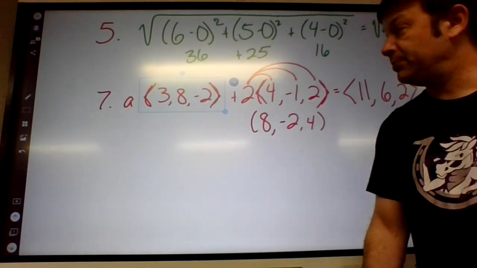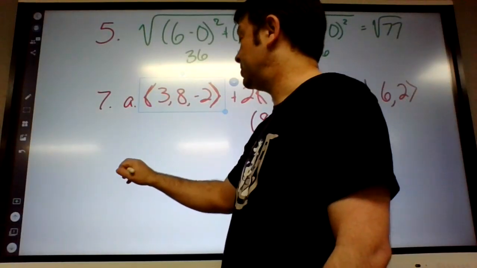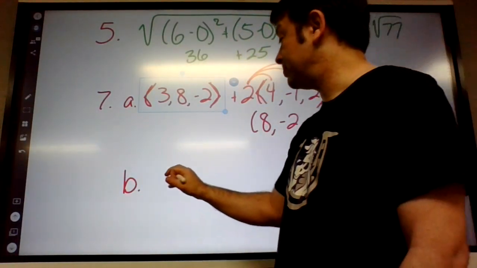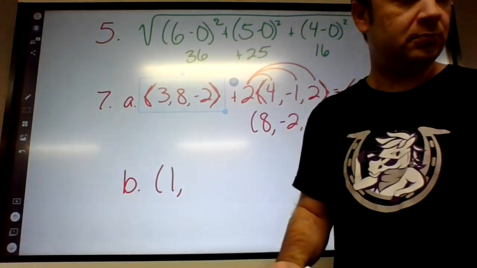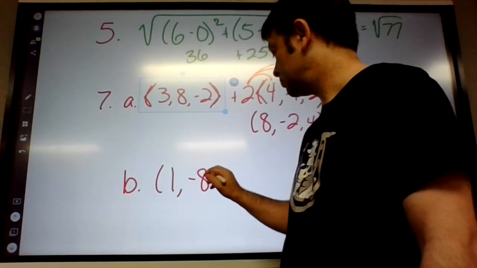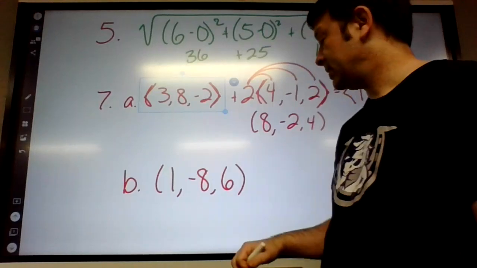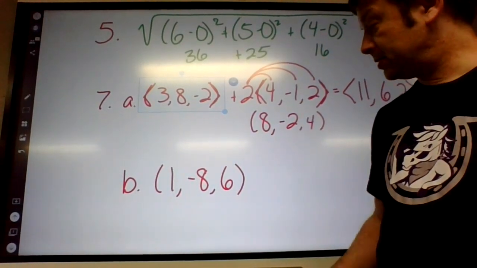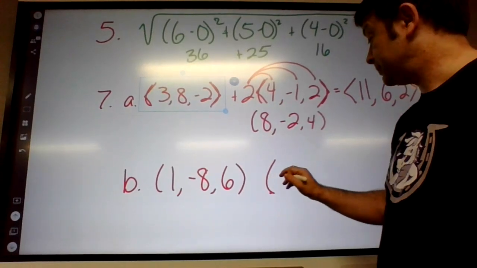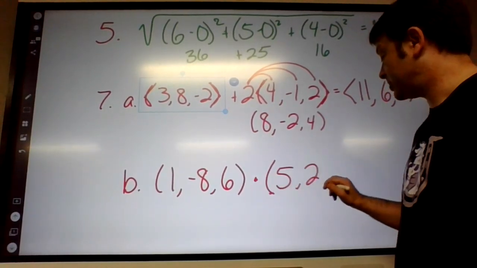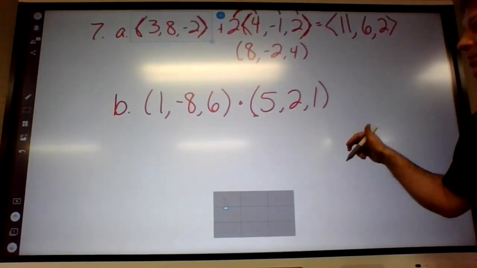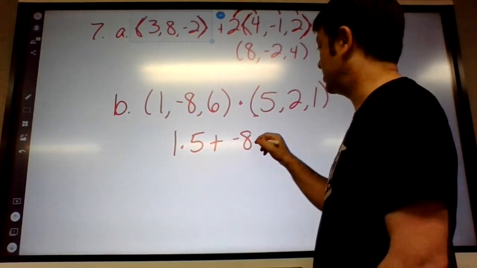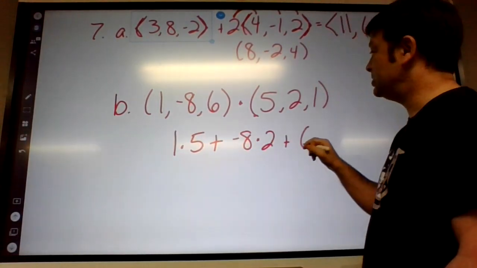Easy peasy. B, this goes back to yesterday. They put like a dot, like a times symbol in between. What does that mean? You multiply the x's, y's and the z's. X times X plus Y times Y plus Z times Z. It's the dot product is what they called it.